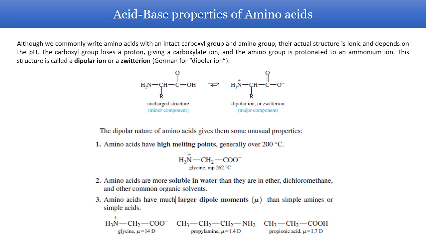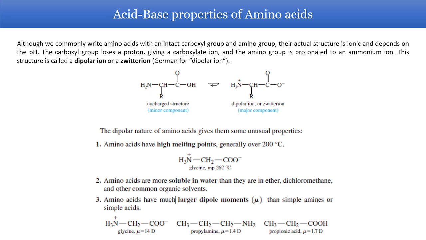The dipolar form of these amino acids gives some unusual properties. Amino acids have really high melting points, over 200 degrees Celsius, like glycine, which has a melting point of 262 degrees Celsius.